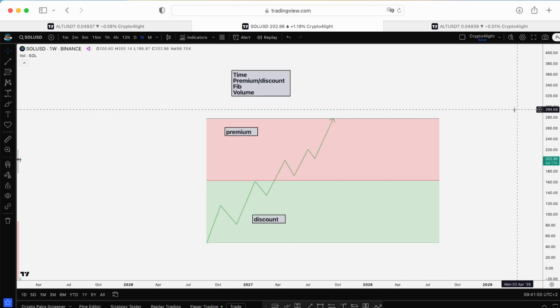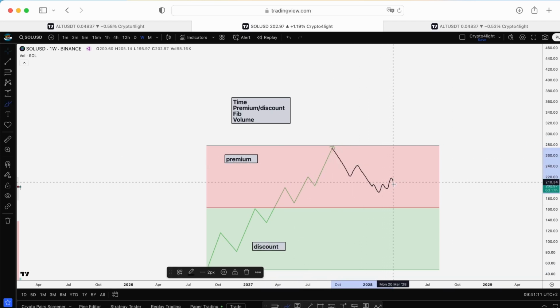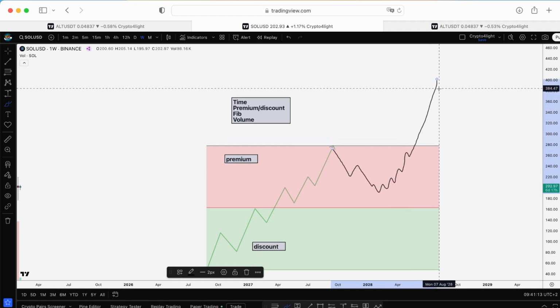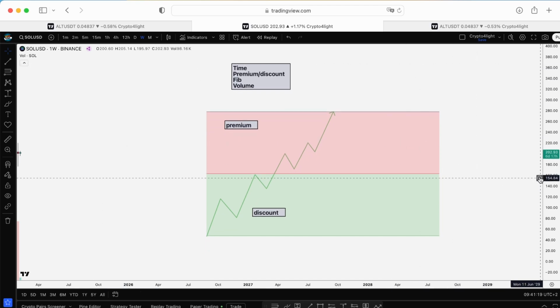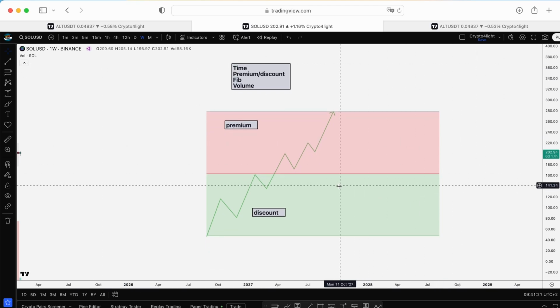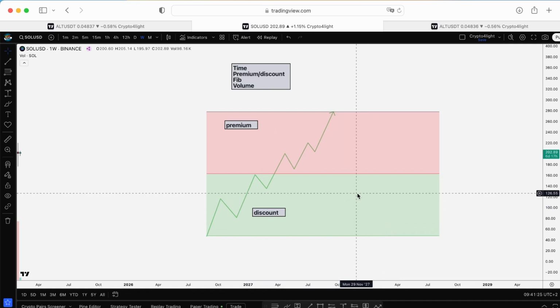Yes, of course, we can see a movement like this one, like we saw, for example, on Nero, which did not touch the equilibrium and went higher. Of course, we can see this, but based on risk management and money management, it's better to open a position or accumulate only in the discount zone.